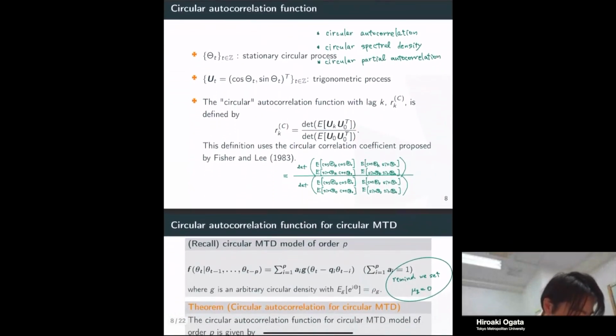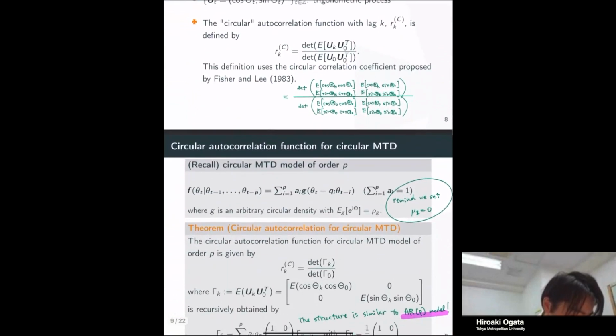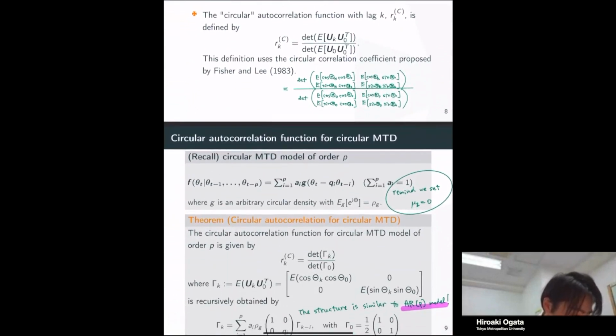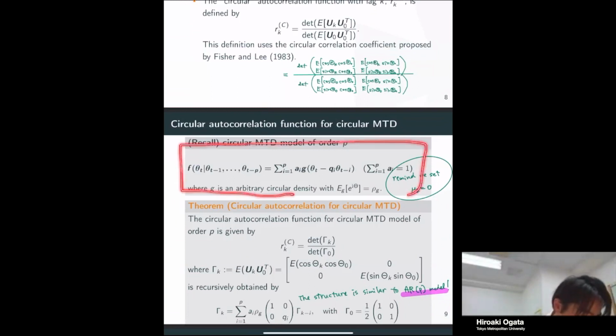Okay, so now we want to clarify the structure of the circular autocorrelation for this MTD model, the mixture transition density model.